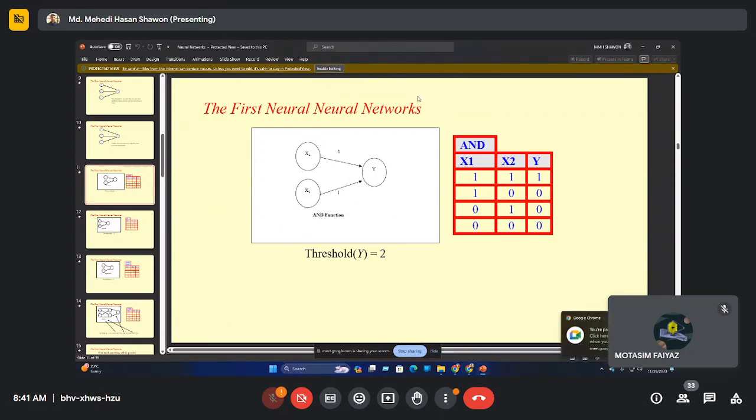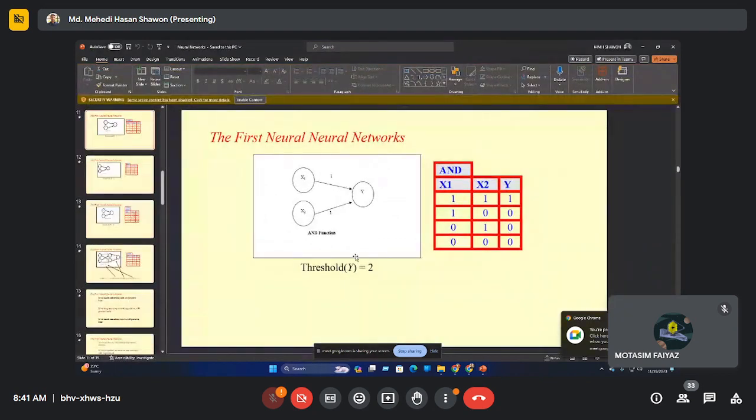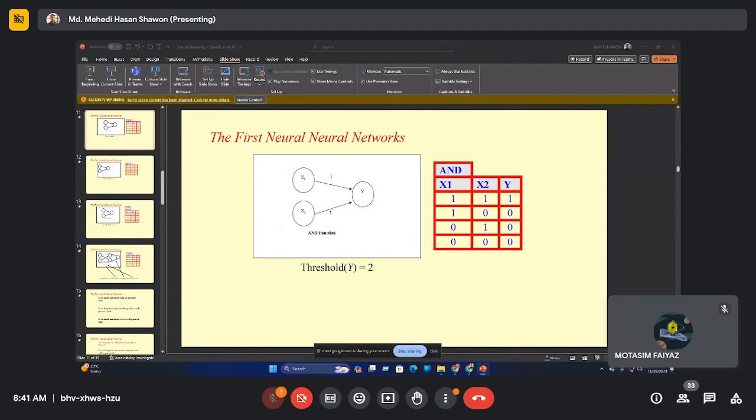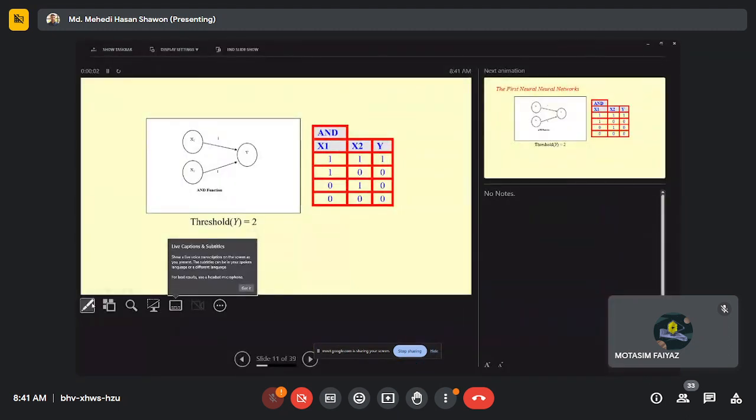So suppose there are two input neurons, x1 and x2, and they are connected with another neuron, Y.